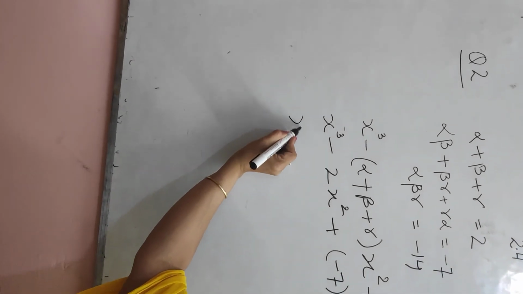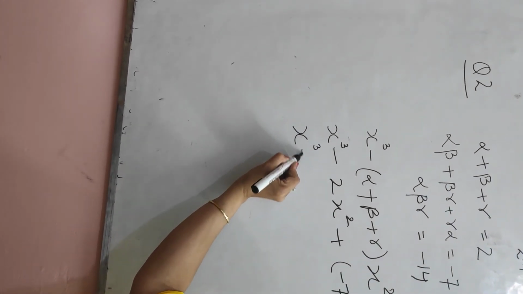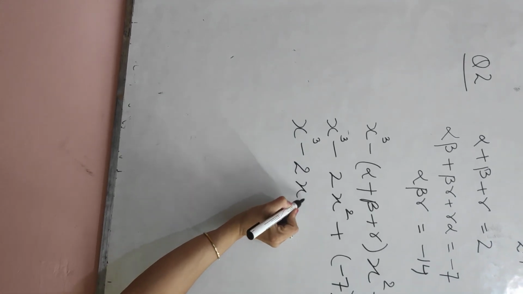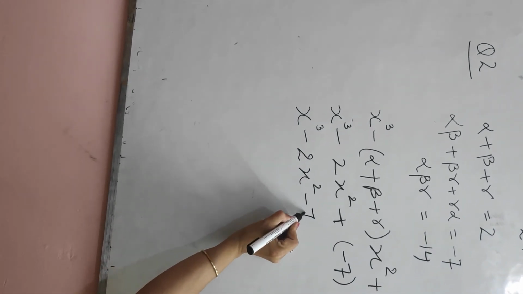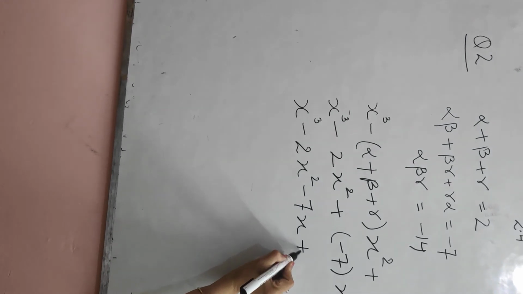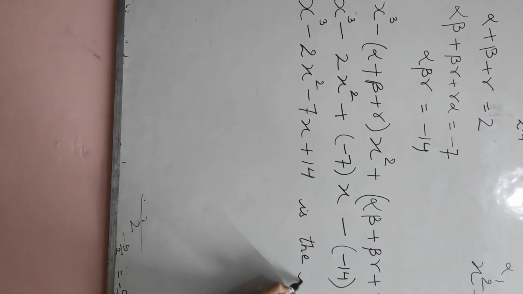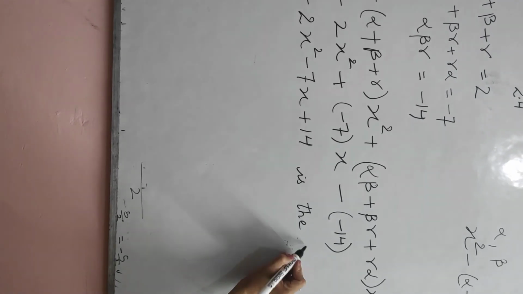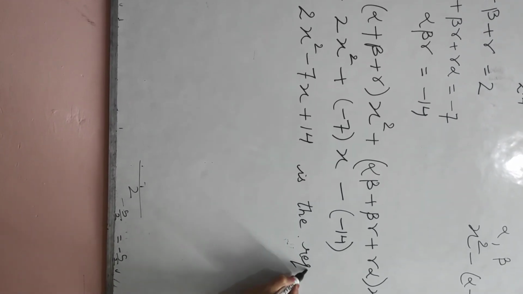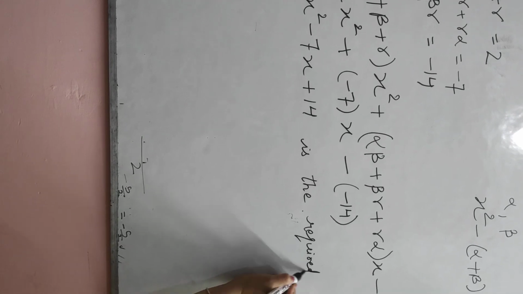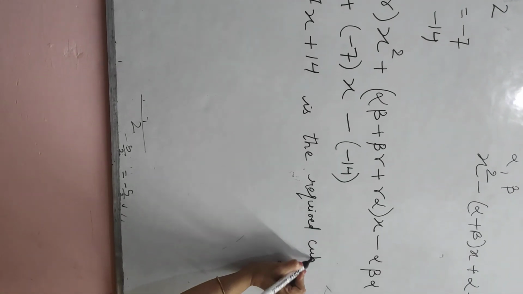So now let us write it finally. X cube minus 2x square minus 7x plus 14 is the required cubic polynomial.